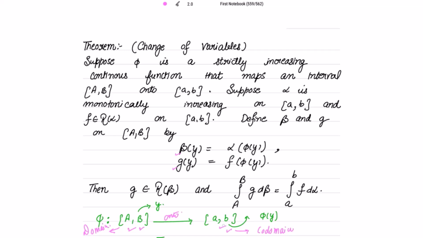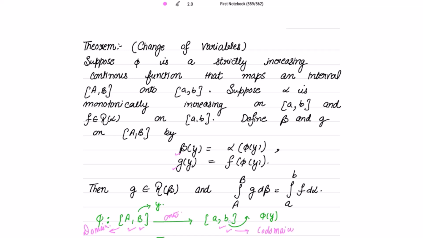Obviously, the elements present in this codomain are like phi of y, right? So how is beta defined? Beta of y is equal to alpha of phi y, and g of y is equal to f of phi y. Now f is another function which is Riemann integrable on this closed interval small ab, right?